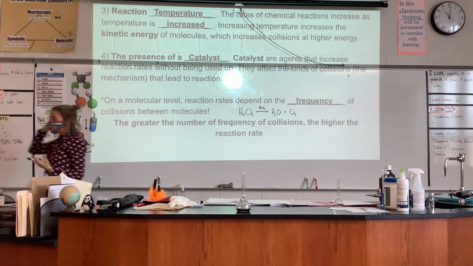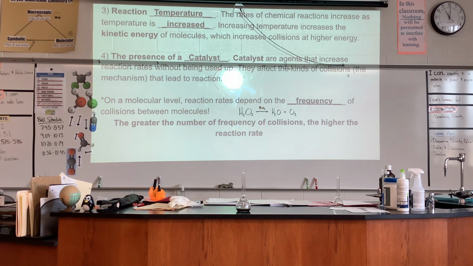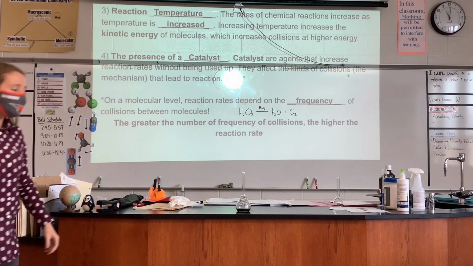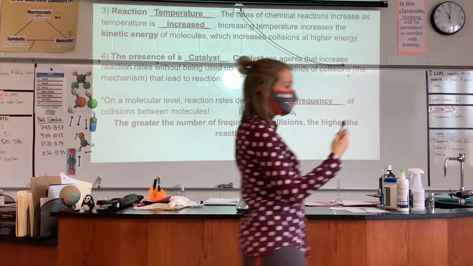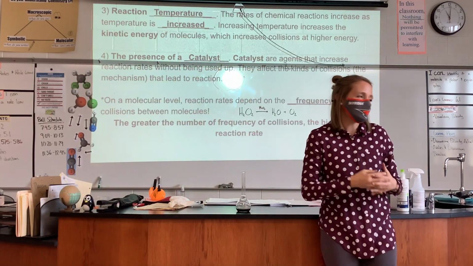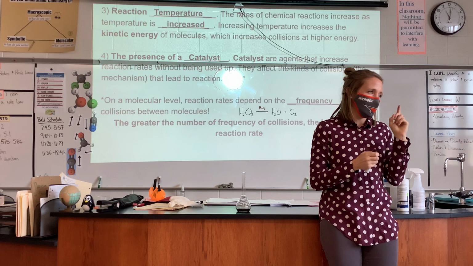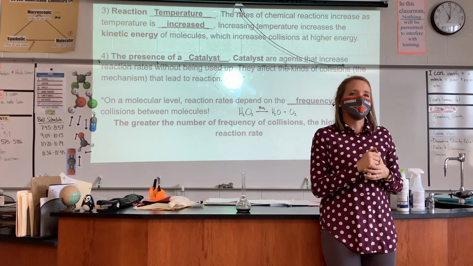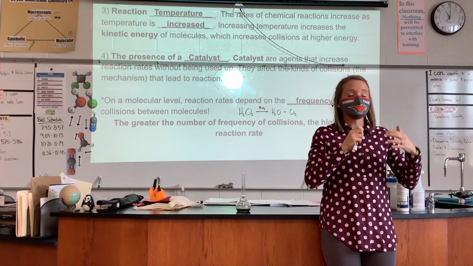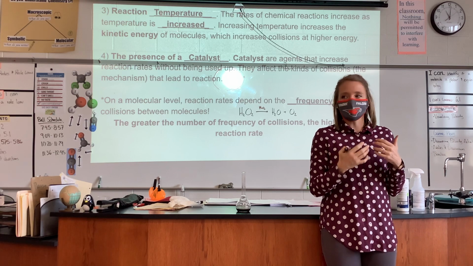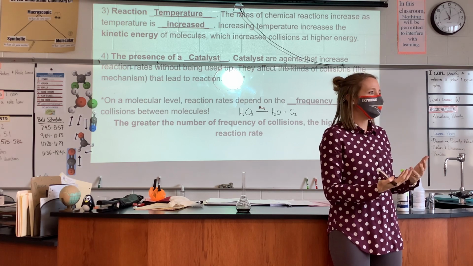So there's a lot of different types of catalysts in how they help things go faster. The simple answer for now, and then we'll get into more detail, is they provide some way to make the collisions more successful.